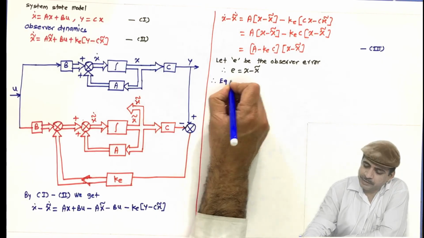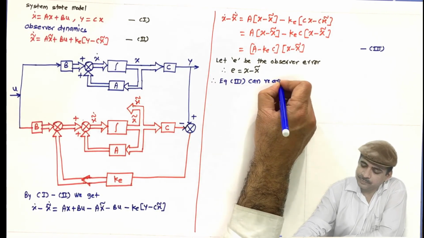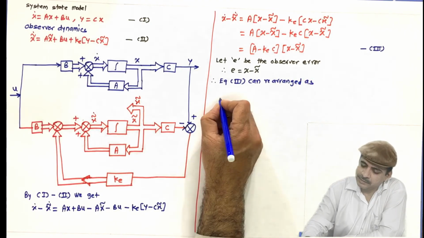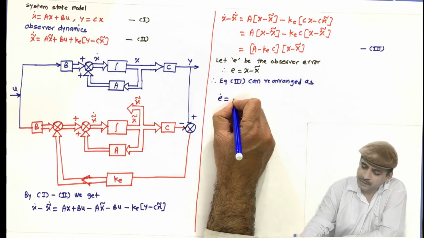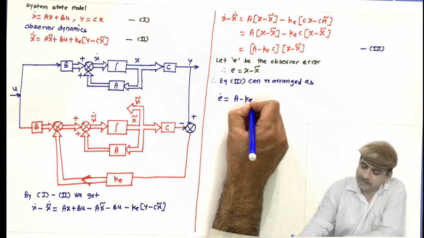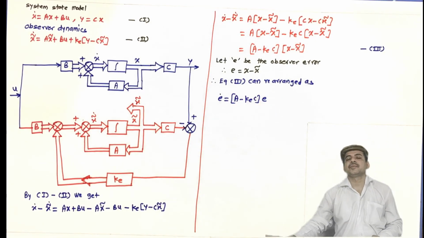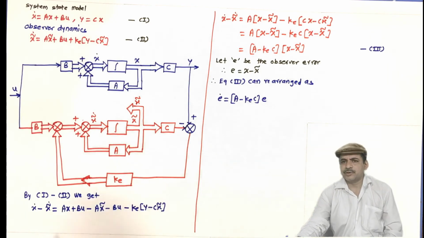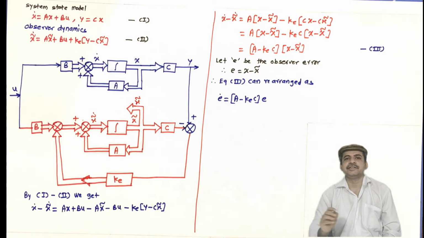So equation 3 can be rearranged as x dot minus x tilde dot will be E dot is equal to a minus kec into E, and that means the dynamics of E is totally dependent on the eigenvalues of a minus kec.